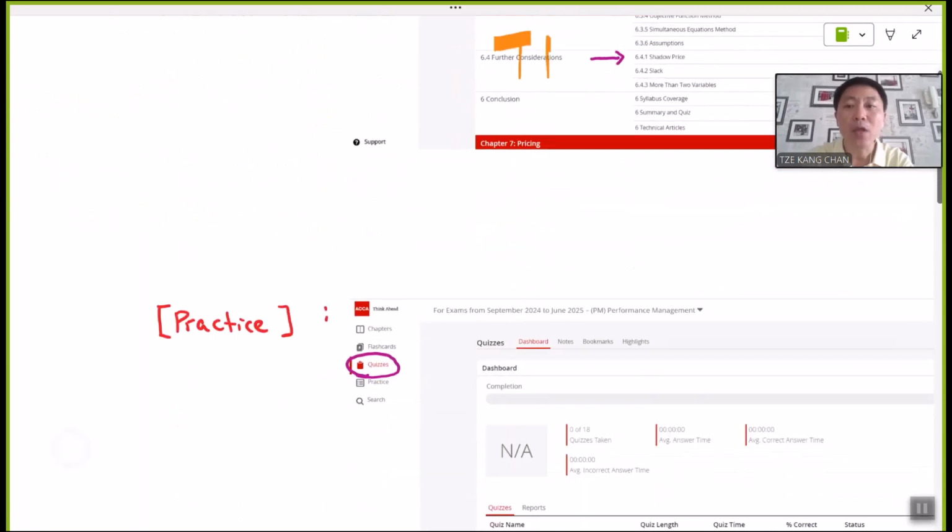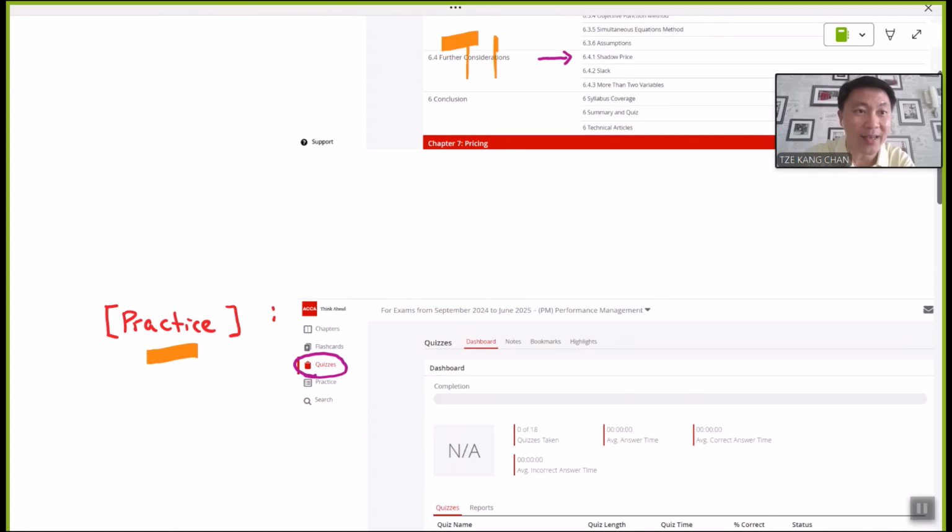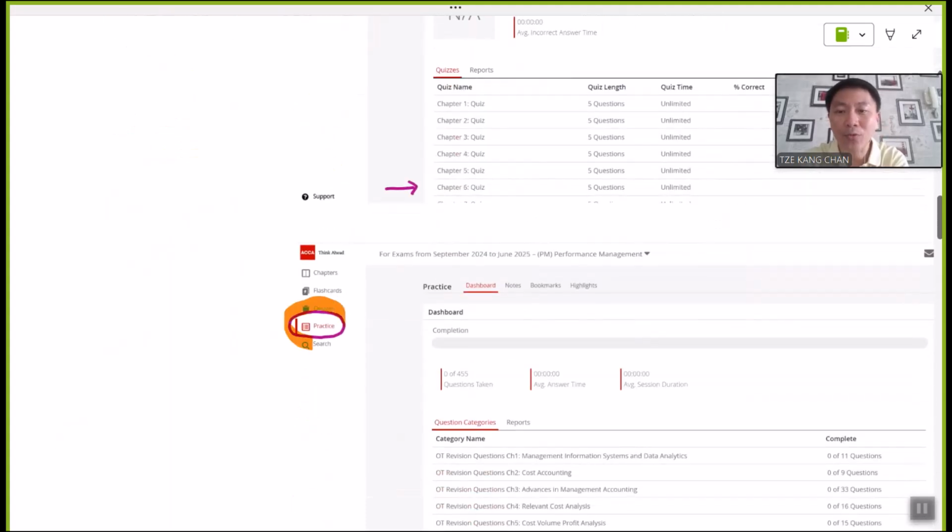Apart from learning, you are advised to spend time practicing the exercises on the relevant subject matter: quizzes, as well as practices, which comprise ranges of questions, especially objective test questions, for your familiarization with the subject matter.